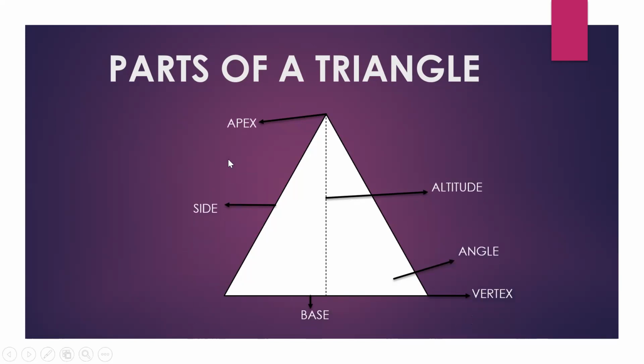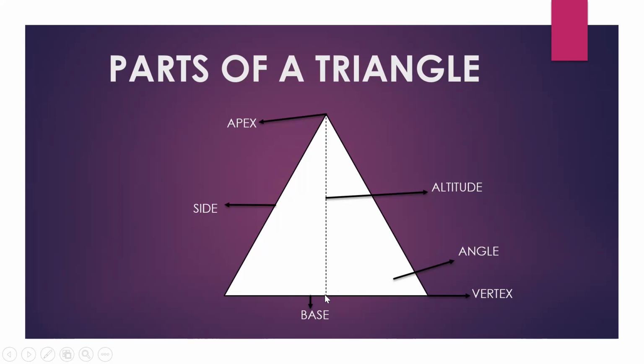So these are the various parts of the triangle. The parts are labeled here now. So we have the apex, we have the side, we have the altitude, which is the vertical height of the triangle. The altitude is always 90 degrees to the base, and it is not always drawn from the center of the base. Please understand that.